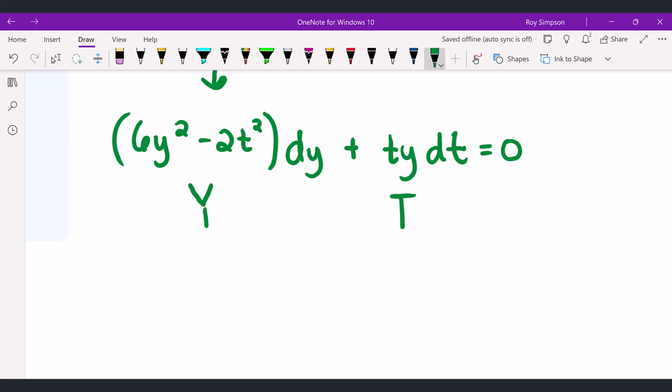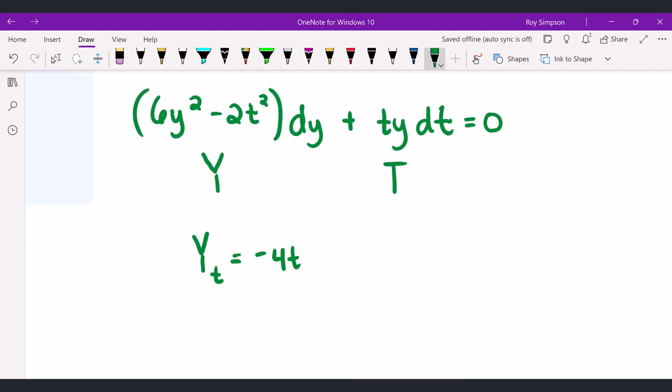If that's true, then I happen to know there is a function f such that the partial of f with respect to y is that coefficient of dy, and the partial of f with respect to t is the coefficient of dt. However, when you do this, you see immediately that y sub t is not equal to t sub y. So this equation is not exact. And that's a massive issue, right?